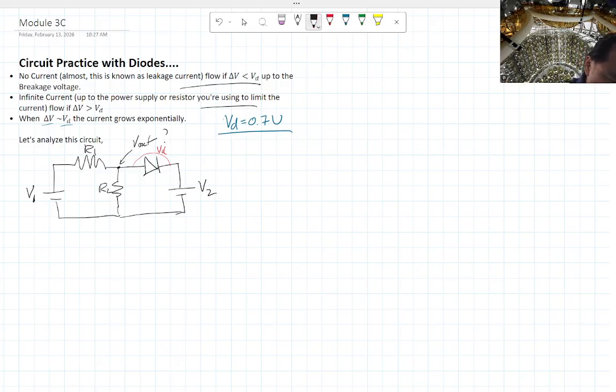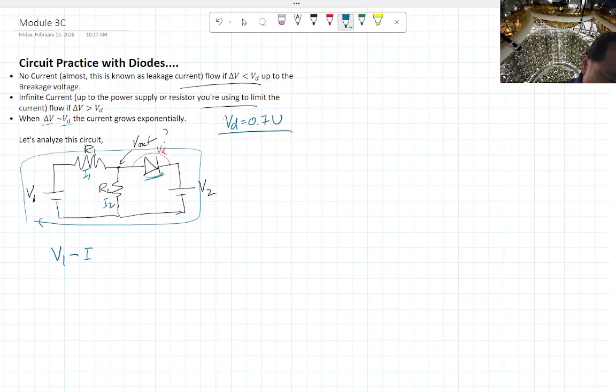Let's do Kirchhoff's law. We'll do this loop, and maybe it's the only one we need. When the diode's on, we start here with V1, and then we get minus I, let's call this I1 and this I2.